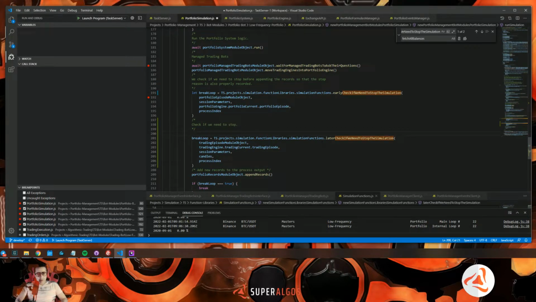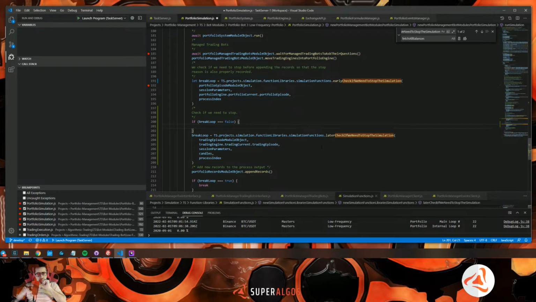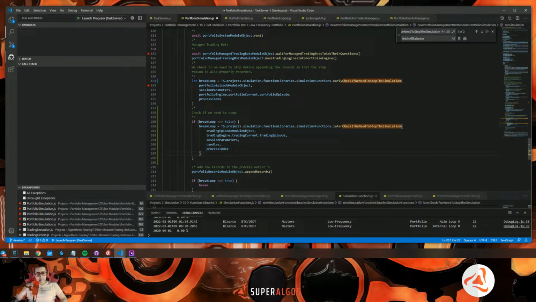And we are going to do it if break loop is still false, then we are going to ask for this. And then we would have both checks at the simulation too, at the portfolio bot. So let's see if this fixes the problem.